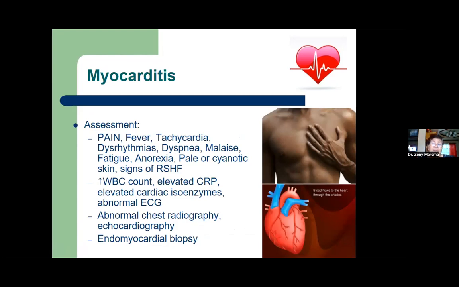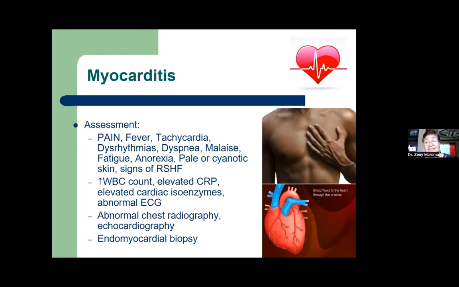Siyempre, mataas ang WBC, there's leukocytosis, there's elevated CRP or C-reactive protein, and there's damage, myocardial damage. No? So there'll be elevated cardiac isoenzymes and abnormal ECG. Okay, chest X-ray reveals also abnormal findings. There's cardiomegaly, malaki ang puso, as well as 2D echocardiogram.